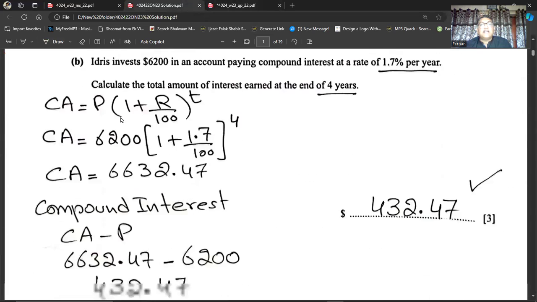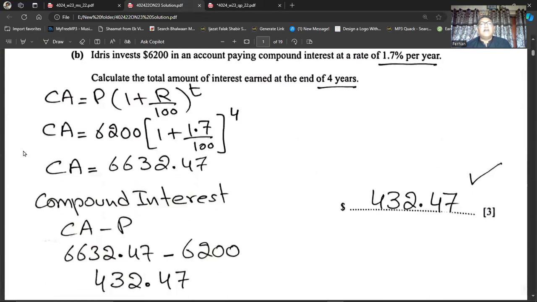So very simple, the formula for the compounded amount is P bracket start 1 plus R divided by 100 bracket close raised to power T. The P value, the principal amount which they invested, is 6,200, and the R value is 1.7, and the number of periods is 4, because here it is 1.7% per year.